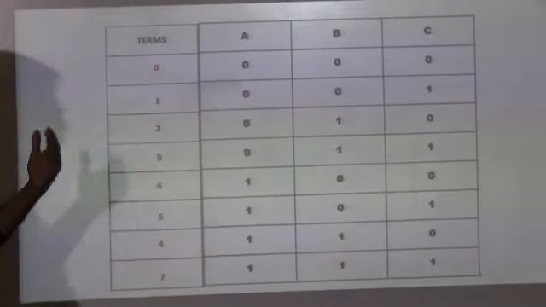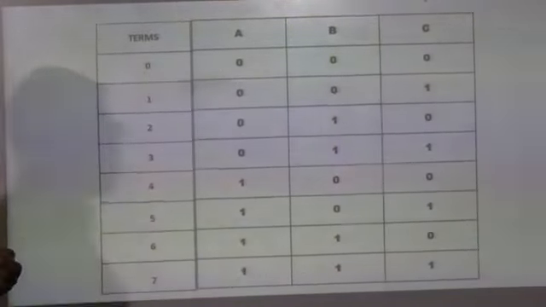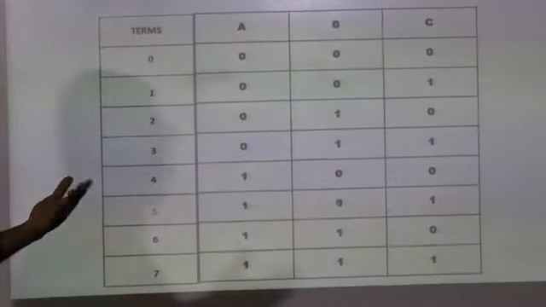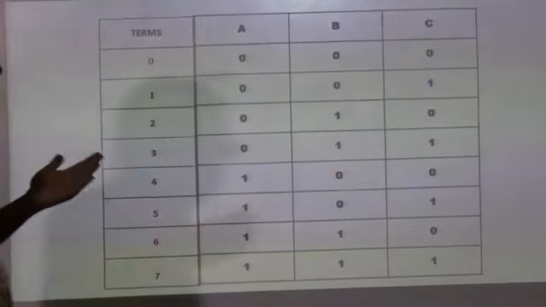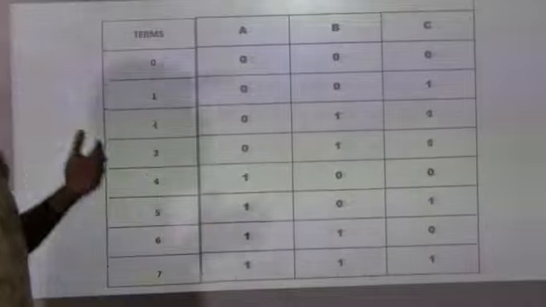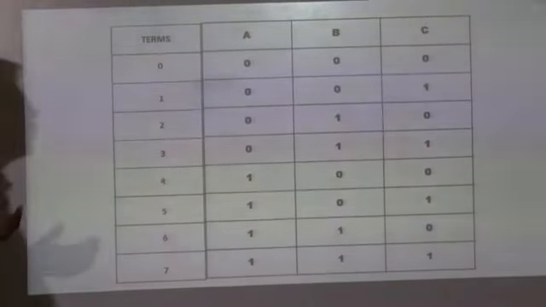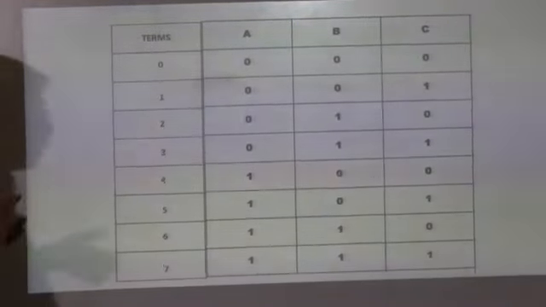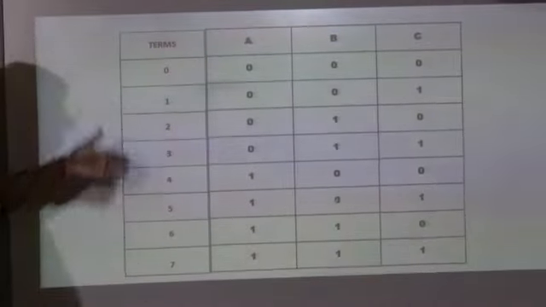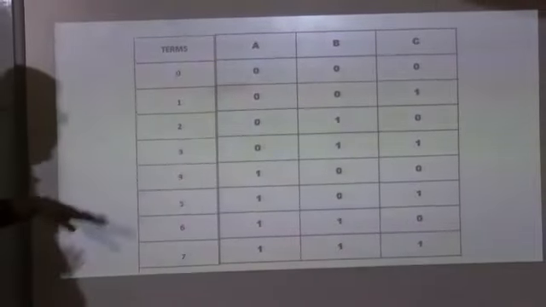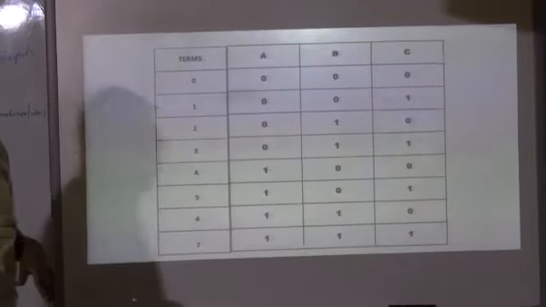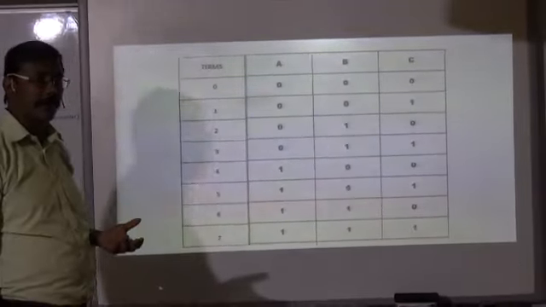If it is 4 inputs, it will go from 0 to 15. If it was 2 inputs, it would have gone from 0 to 3. But here we are using 3 inputs, so 0 to 7. Now these terms are very important when you are doing SOP and POS. We are dealing with the term values.